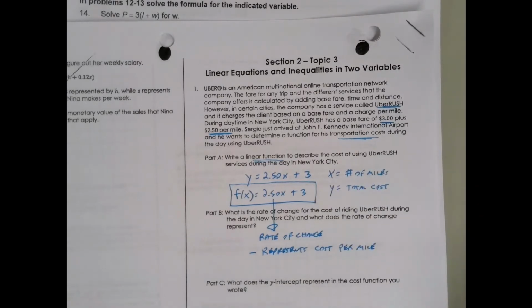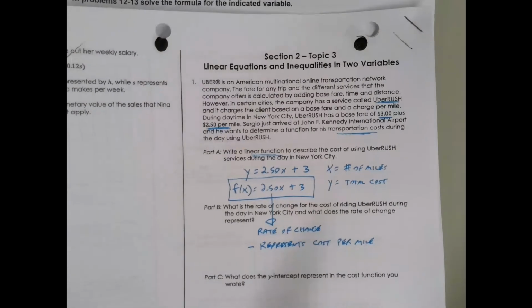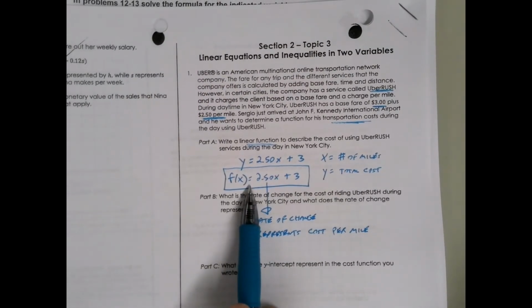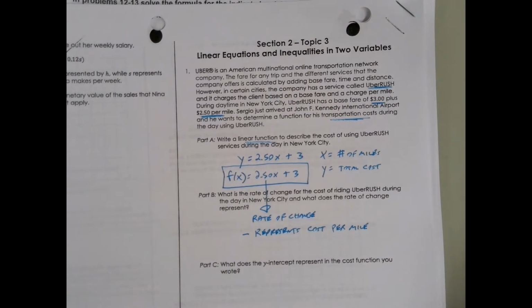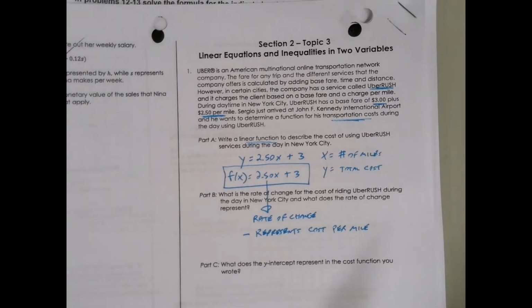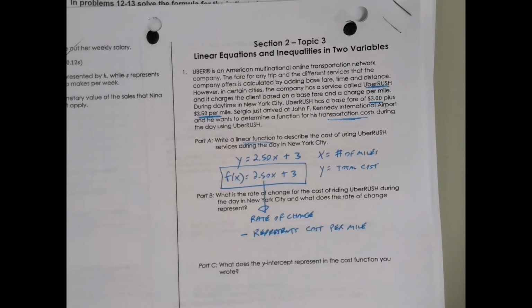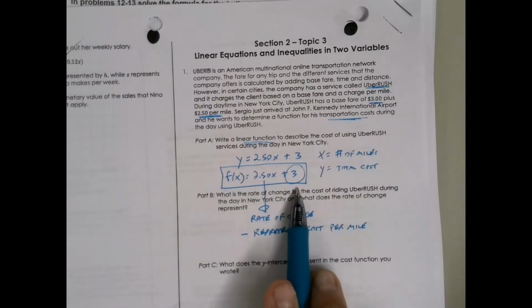In our function, the way we write it is actually significant. Now, notice this is an equality. We don't have an inequality in this situation. So, tell me what the y-intercept represents in our function. The starting fee.